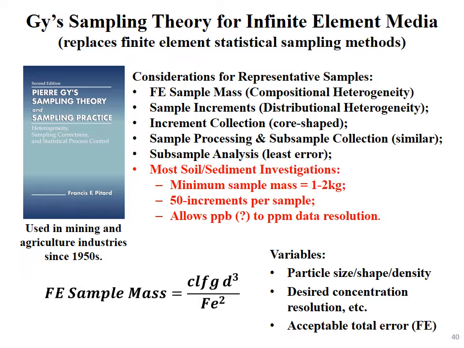I get to the laboratory, and the laboratory needs to test a minimum mass of that sample just to get a representative number of those particles with high concentrations in them. Also, we have to think about the number of increments to collect, referred to as distributional heterogeneity within the site, and how we collect the increments: core-shaped plugs of soil in different areas over a grid-type pattern.